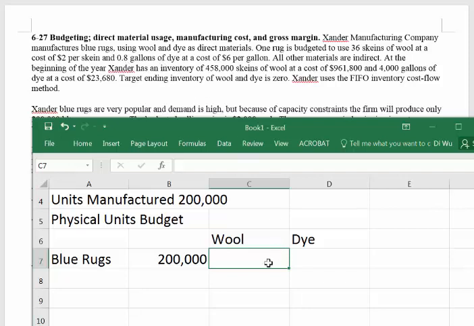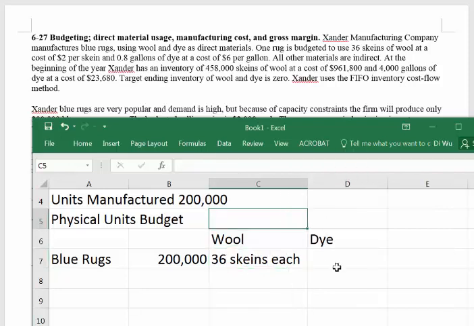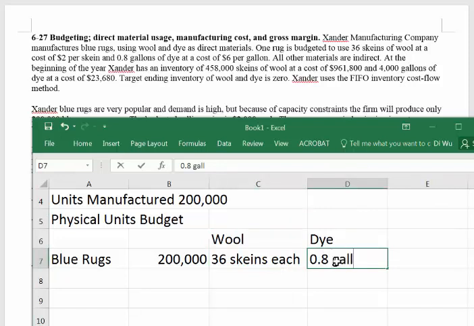I'm talking about 36 skeins each, and for dye, 0.8 gallons each.